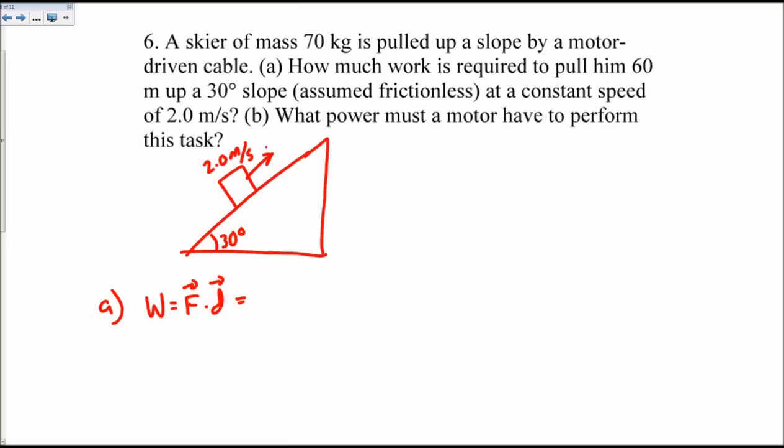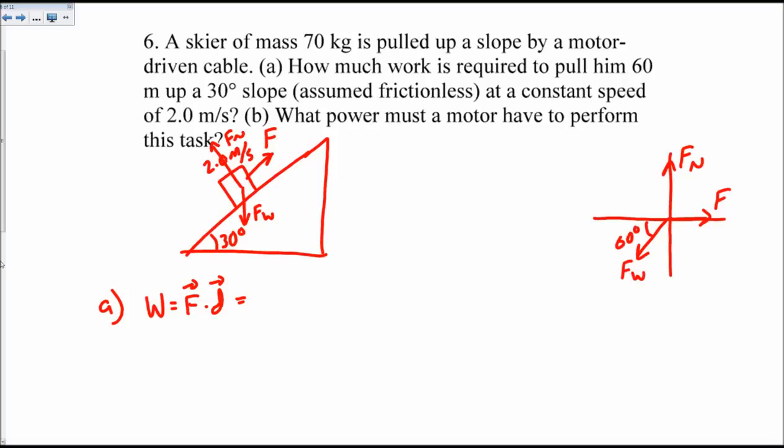My force is this force. I need to figure out what that force is. If I draw my other vectors, I have a force weight here, and then I have the normal force. If you remember back to when we were doing vector diagrams, this is my normal force, this is my force here, and then I have my weight, which is over here, and this angle is 60 degrees.